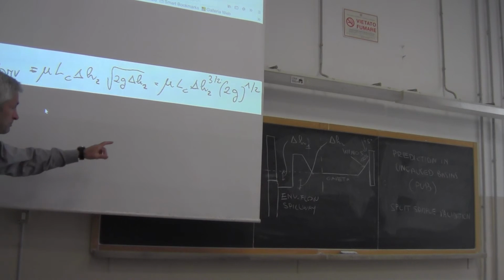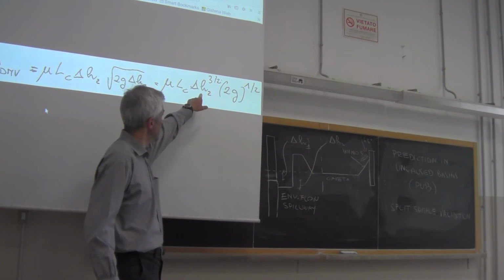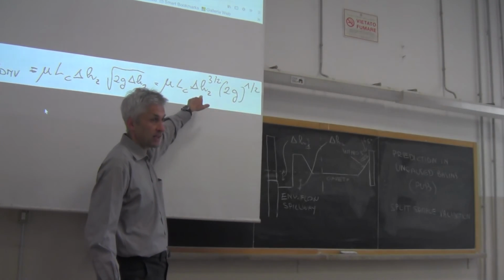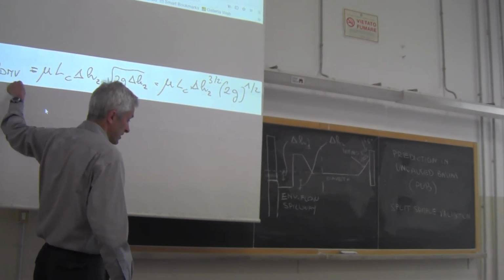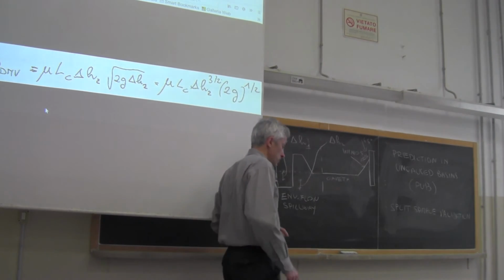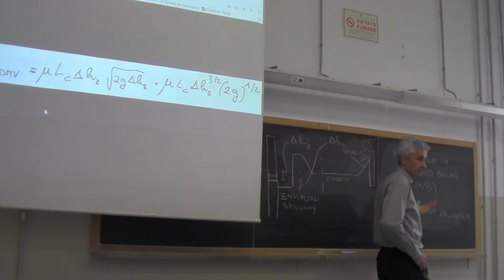From this relationship, you can get an explicit relationship for delta H2 by fixing the environmental flow QdmV, which is given by ρ.